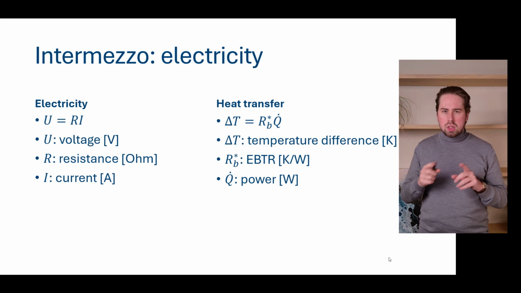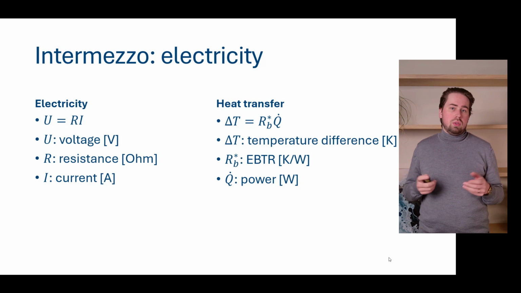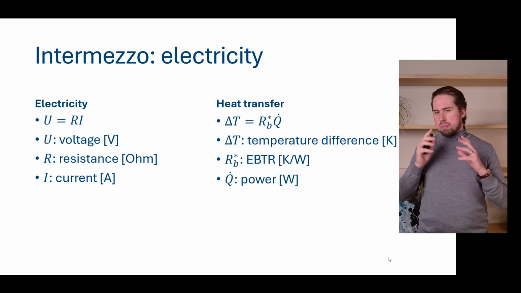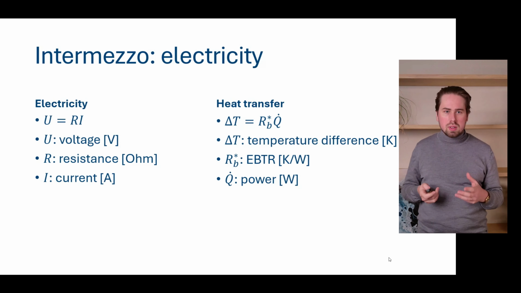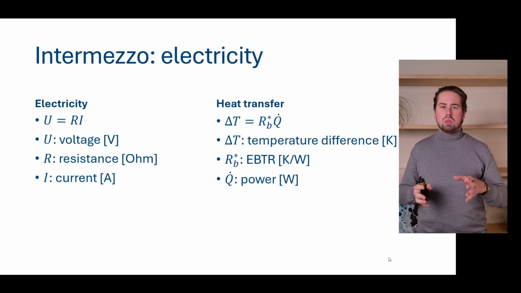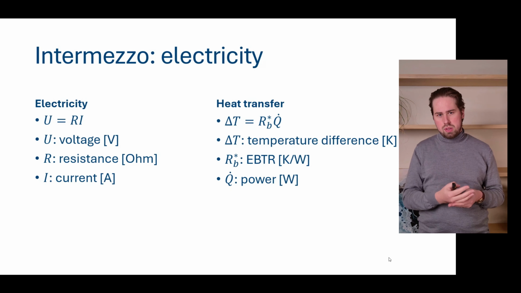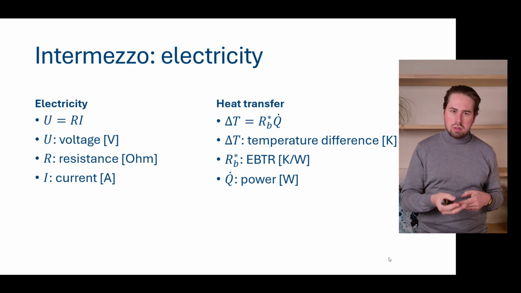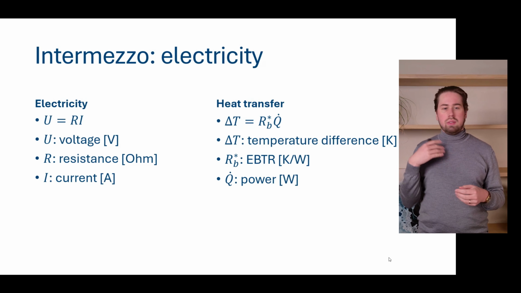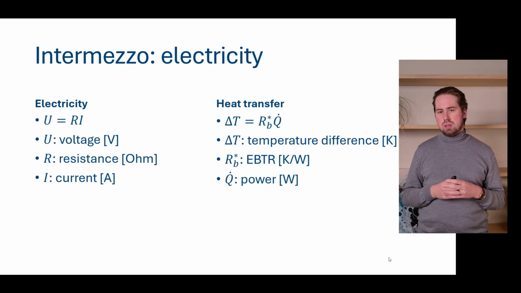Now, before we jump into that, let us take a quick side route to the electricity domain, where you perhaps recall Ohm's law, stating that the voltage across a certain electrical component is equal to the resistance, in ohms, of that component multiplied by the current. So the higher the current, the more voltage drop, and the higher the resistance, also the higher the voltage across your components.